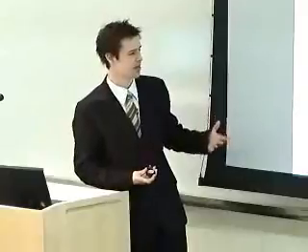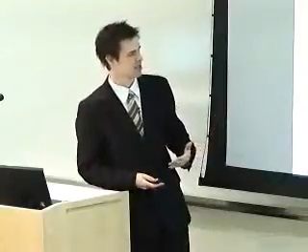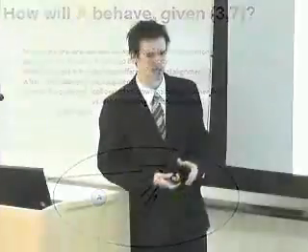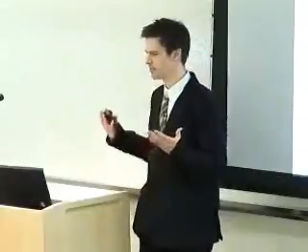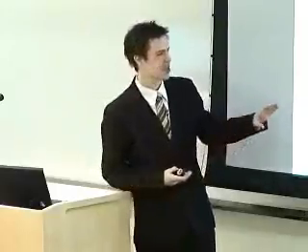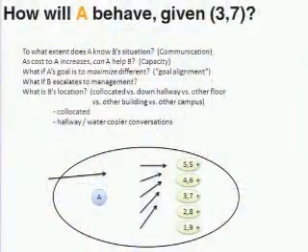Well, as the theory would predict, what's going to happen is this. If we're collocated, there's an external or induced force on A to move towards helping B because B is sitting right next to him, can look over and say, come on, help a guy out. Now this is a lot more powerful induced force because they know each other, they work very close to each other, than, let's say, for example, being just down the hallway or in a water cooler conversation.